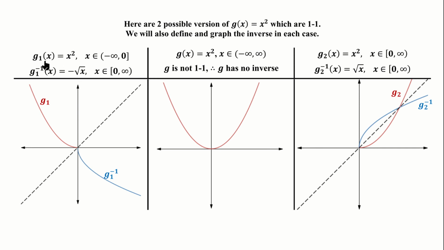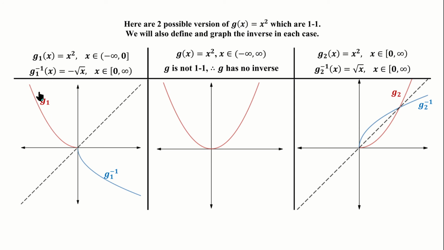Here I'm taking the function g of x and creating a new function g1 of x, but I'm only going to define it for all non-positive numbers. That means all inputs less than or equal to 0. In this way, I have taken a function that is not one-to-one, and by restricting its domain to only this part, I've created a one-to-one function.